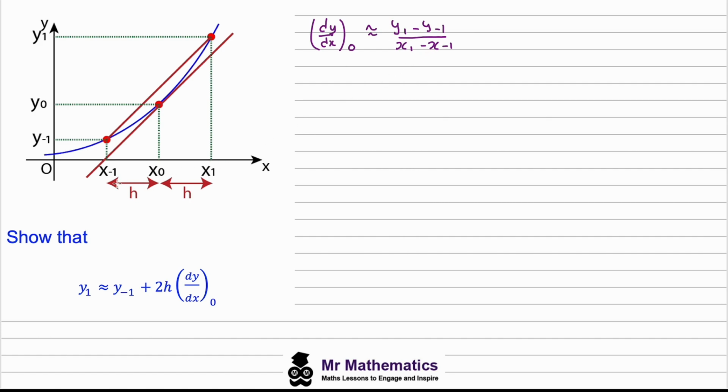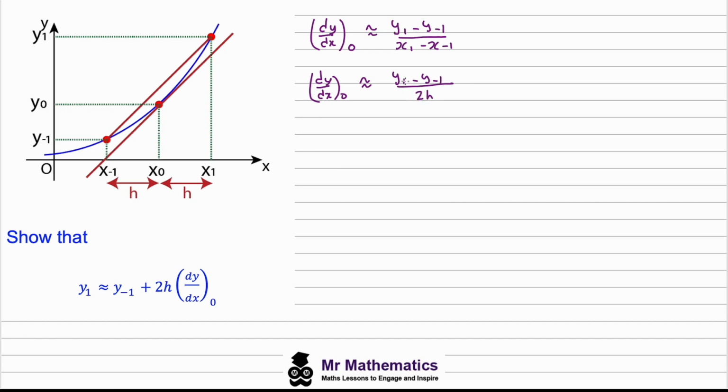But you can see from our diagram that our denominator here is simply 2h. So we can say that dy by dx is approximately y1 minus y negative 1 over 2h.